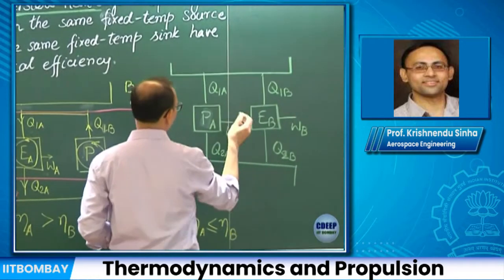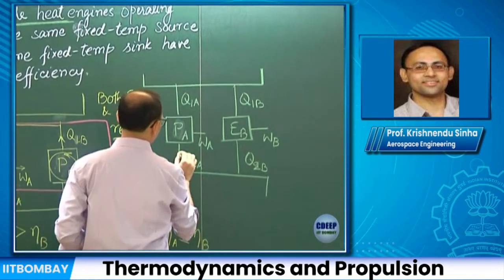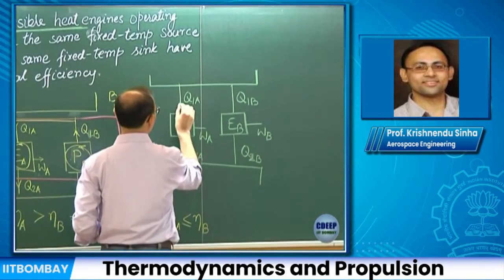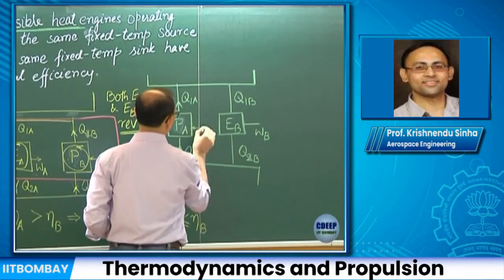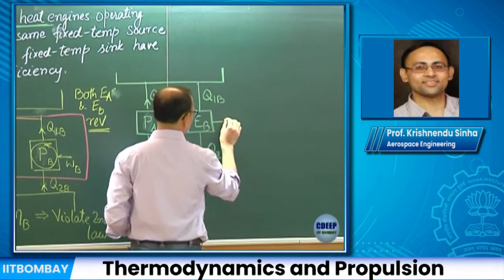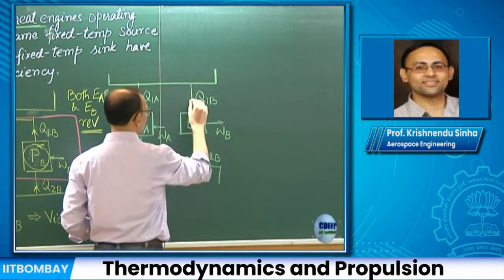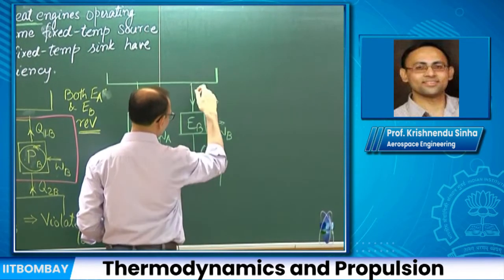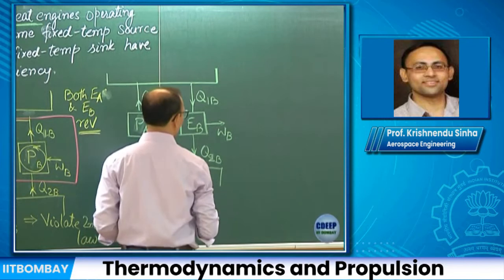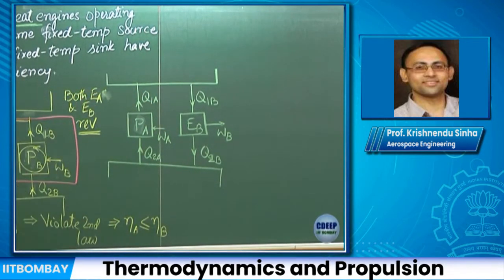So once we have inverted into a pump, I'm drawing heat from below and pumping it to the top. WA is work input, and engine B is as usual Q1B taken from the source, Q2B rejected, and work WB is an output.